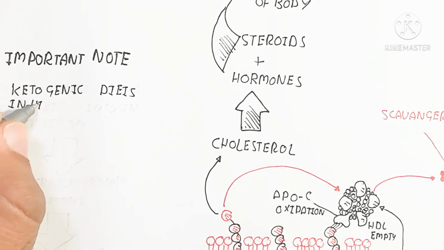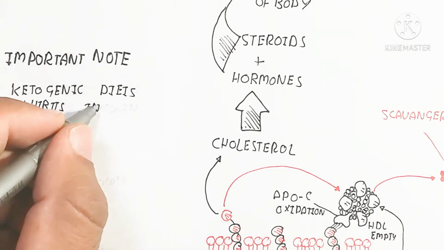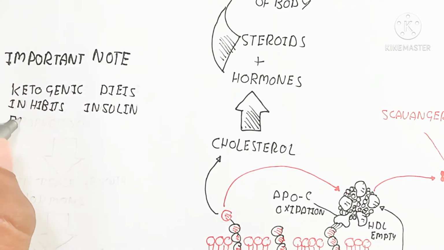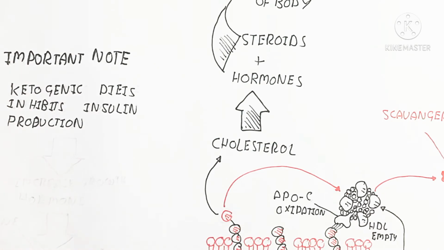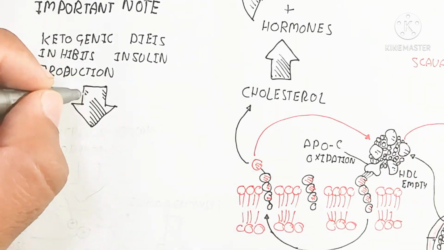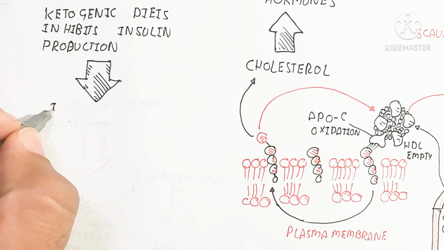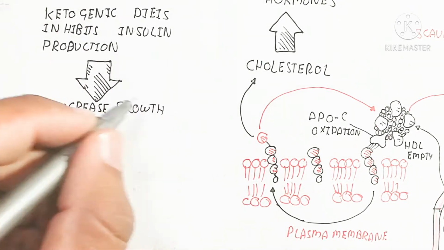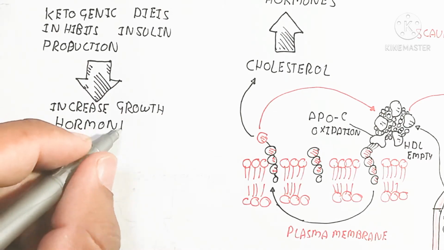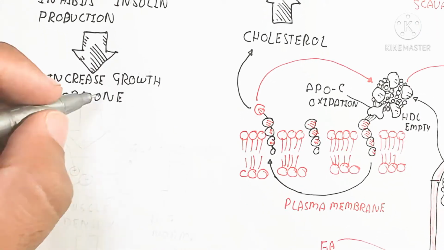On the other hand, the important note here is the ketogenic diet. The ketogenic diet inhibits insulin production. What is the meaning of that? Fat loss will occur due to the production of ketones into the blood from the fat, which is adipose tissue.